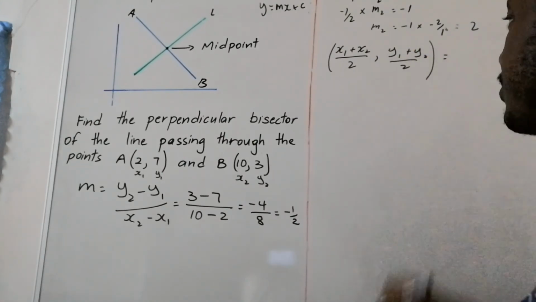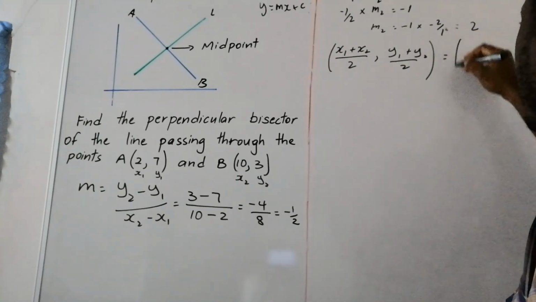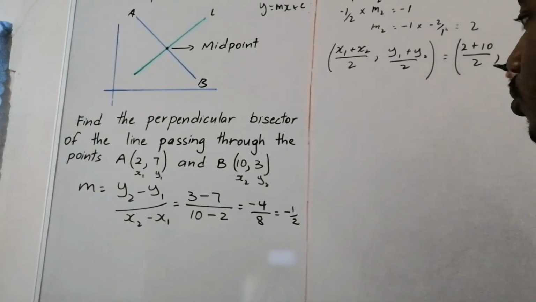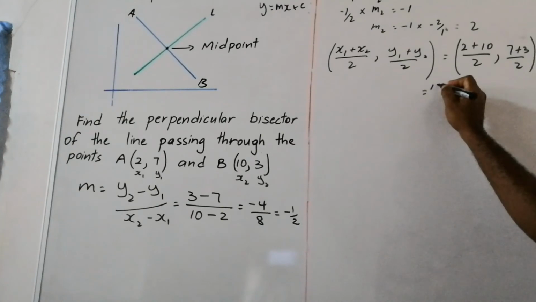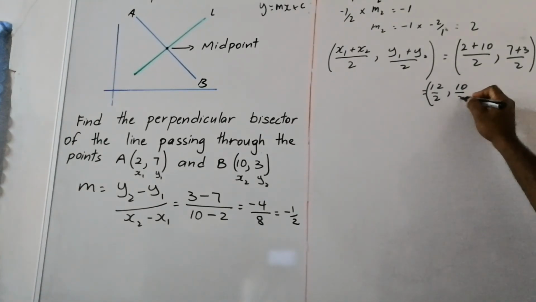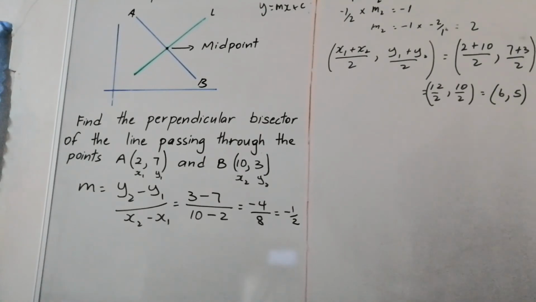So x: 2 plus 10 over 2, and y: 7 plus 3 over 2, which gives us 12 over 2 and 10 over 2. So the midpoint will be 6, 5. We will use the midpoint to find the value of c.